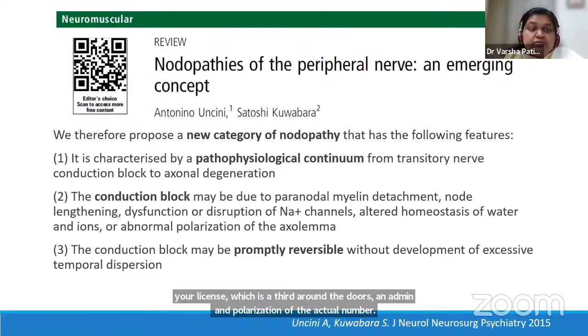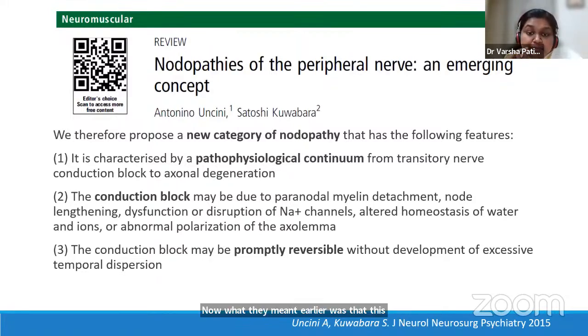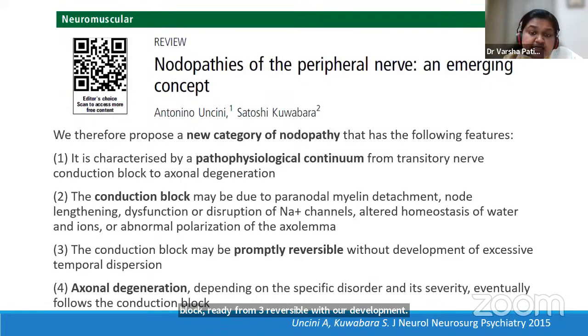What they meant here was that this conduction block may be promptly reversible without development of further axonal loss. Then axonal degeneration may come up depending on the severity, and they may follow.